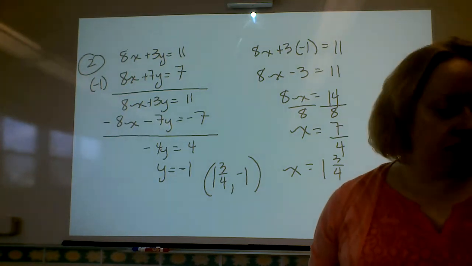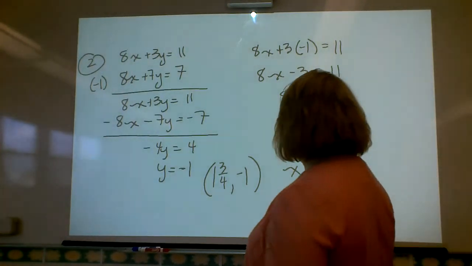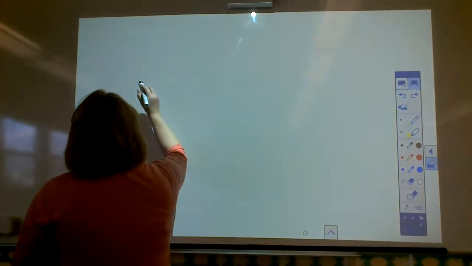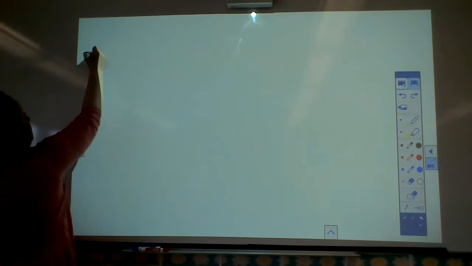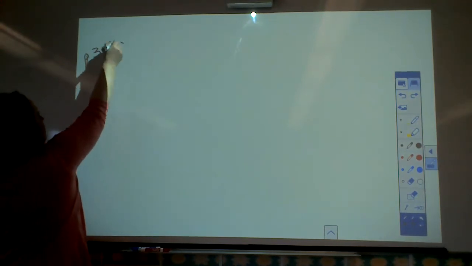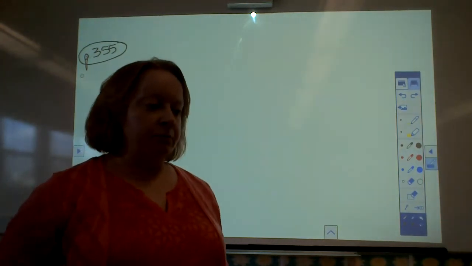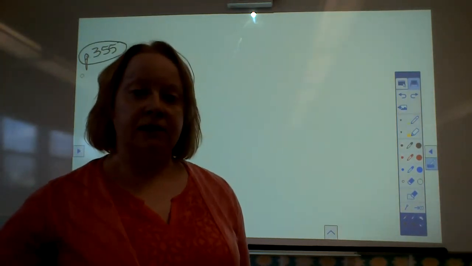And there's 2 of them. So the first one is on page 355. So let's look at that one. And we're going to look at the example in the book and also the guided practice on that page.